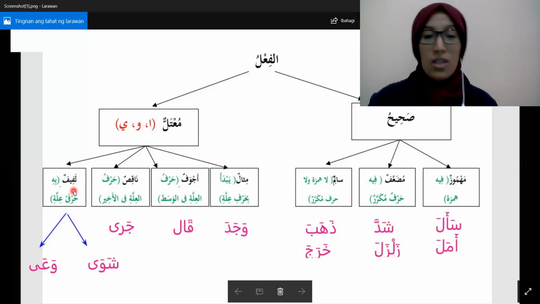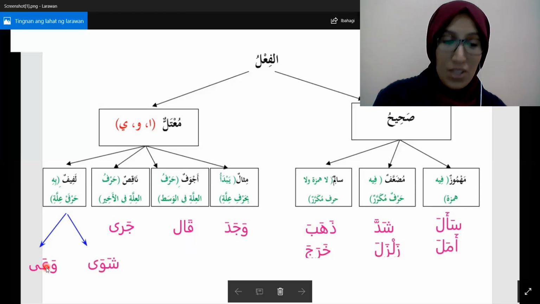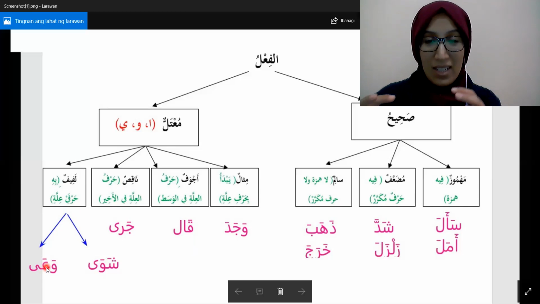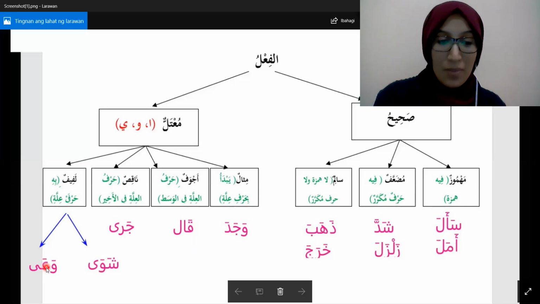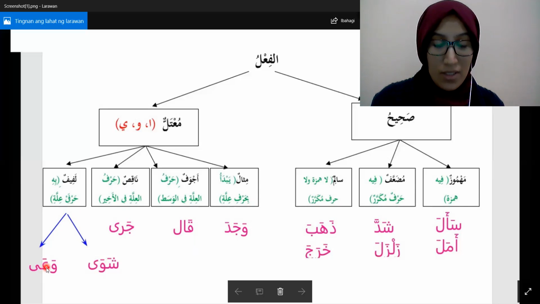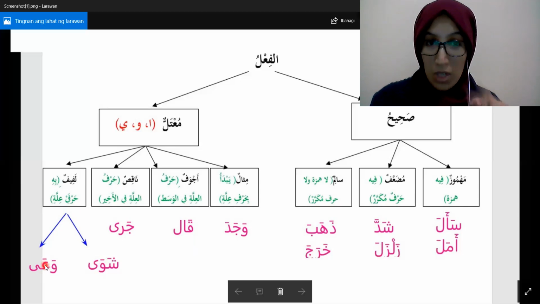I have two subcategories, two sub-classifications about that. It's when the letters are beside each other, and the other one, they are not. They are separated with another letter. So we have مقرون and مفروق. فعل لفيف مقرون when they are together, and مفروق when they are separated.